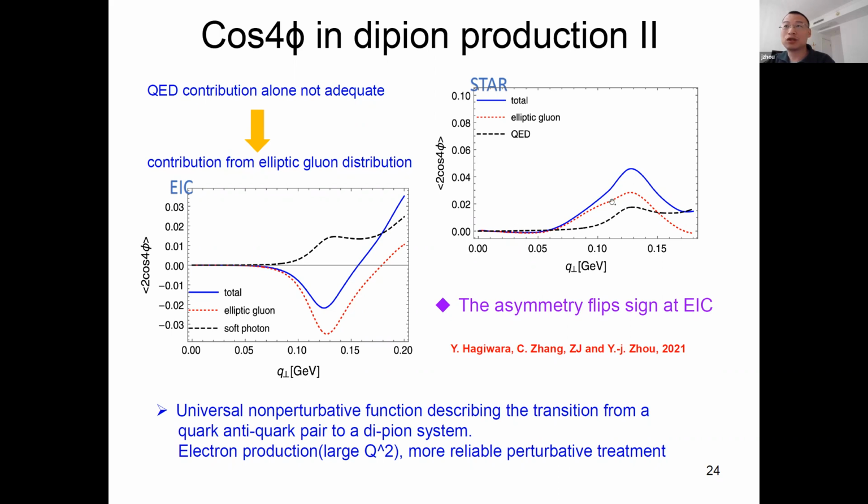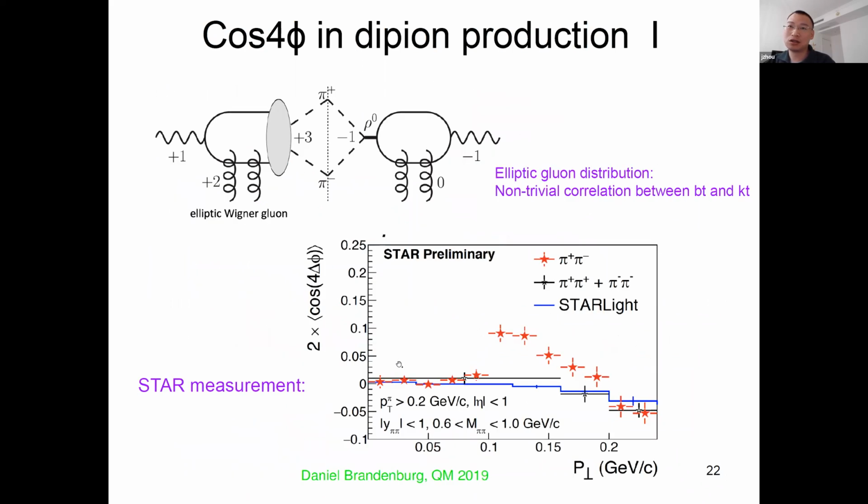This is for the elliptic gluon distribution. Of course, we currently know nothing about the elliptic gluon distribution, so we use some model input. We basically make the elliptic gluon distribution as large as possible. But still we cannot get much asymmetry out from the elliptic gluon distribution. The total contribution is still lower than the measured asymmetry here.